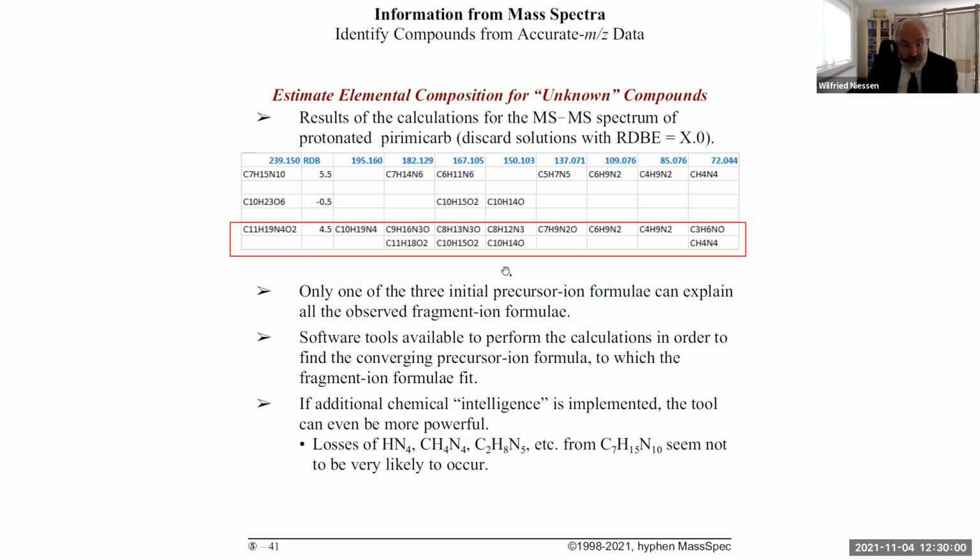So based on this, I expect that C11H19N4O2 is the most likely elemental composition of the precursor ion, taking into account that the product ions should come from the elemental composition of the precursor ion.